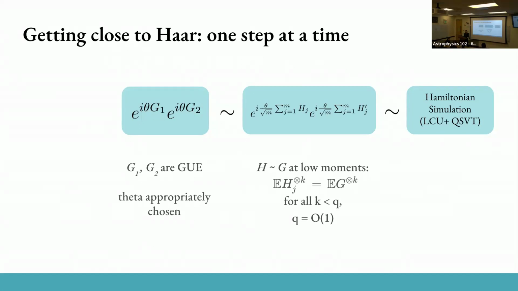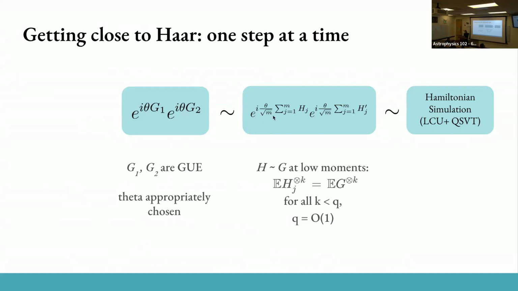So they basically have IID Gaussian entries. And the similarity comes from a matrix version of the central limit theorem. If you take a bunch of these H's that match the low moments of your Gaussian, it converges to the true Gaussian. And you know that from your probably classical probability class. And we get the same thing for matrices.